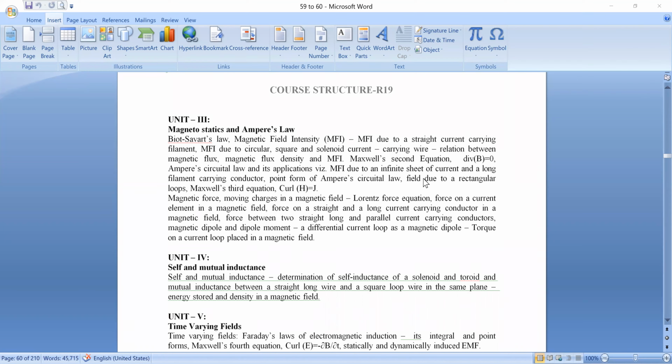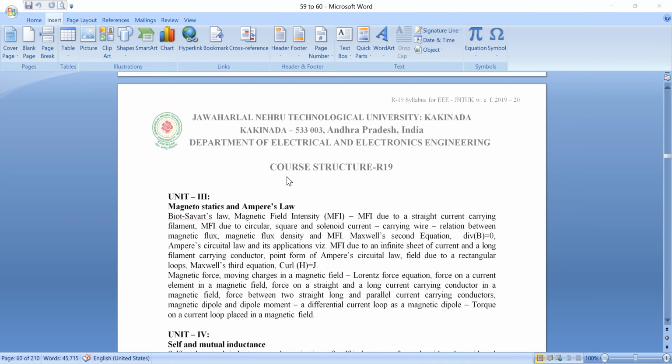And also how the magnetic field intensity varies in the case of a rectangular loop is discussed here. So this is another equation in Maxwell's, that is Maxwell's third equation, curl H is equal to J.